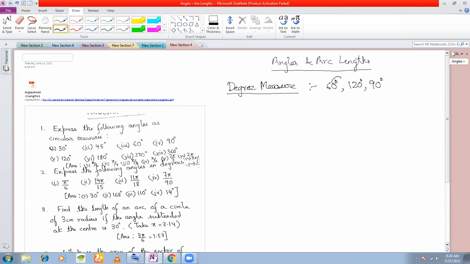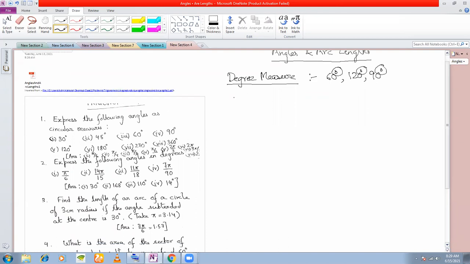All these were degrees, right? But another measure that we will discuss here is radian measure, which is the most important measure. It's also called the circular measure.